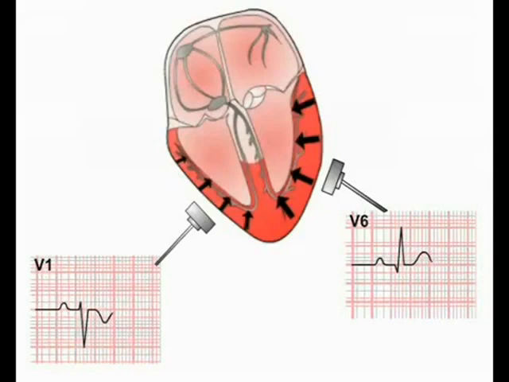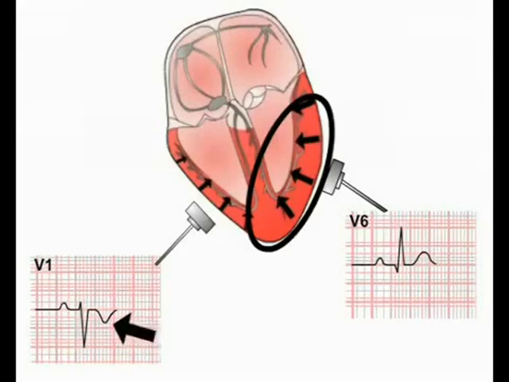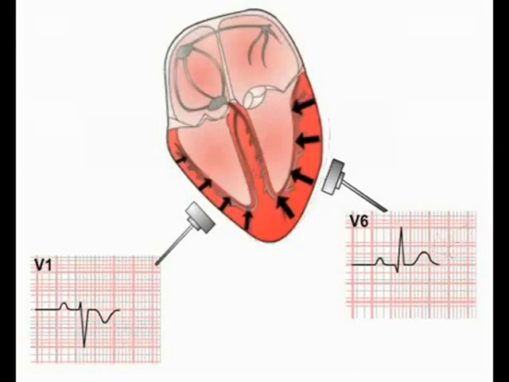The deflection produced on an ECG by ventricular repolarization is again dominated by the signal from the left ventricle. As this repolarizing current is moving towards V1, the deflection produced is negative in this lead. In contrast, this repolarizing signal is moving away from lead V6, producing a positive deflection. The deflection produced by ventricular repolarization is termed a T wave.